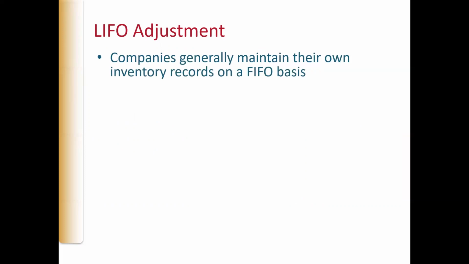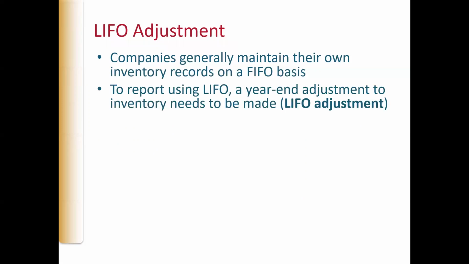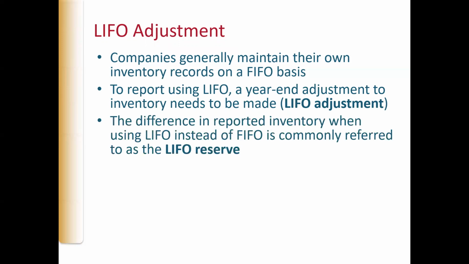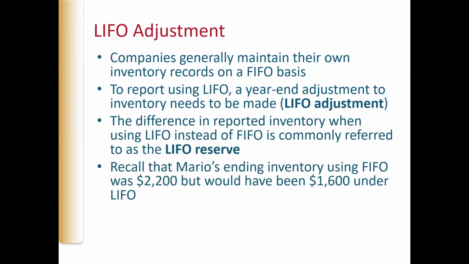Now, remember me talking about that LIFO adjustment when companies choose to do LIFO? They usually record their books using FIFO, but there's a year-end adjustment that adjusts it to LIFO, which we call the LIFO Reserve. Remember, Mario's ending inventory using FIFO was $2,200.